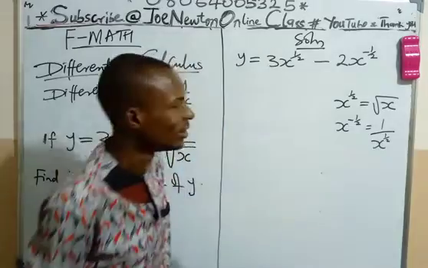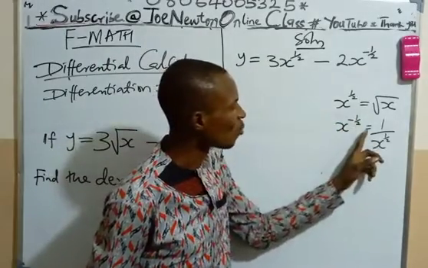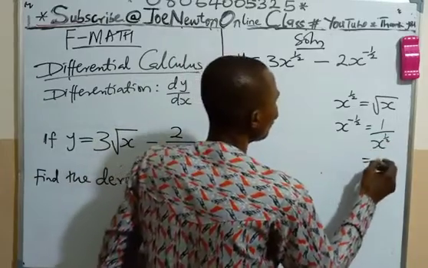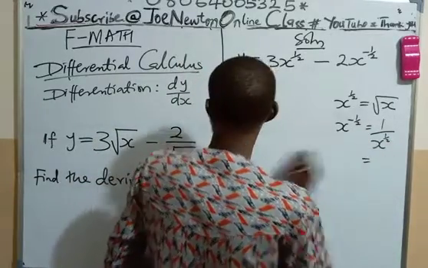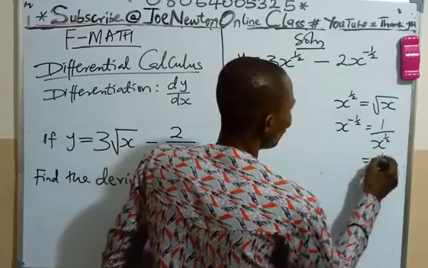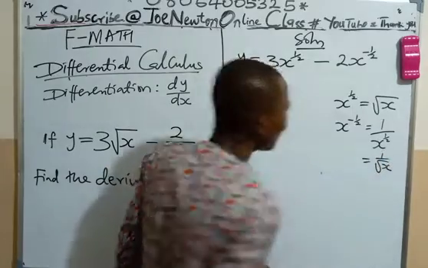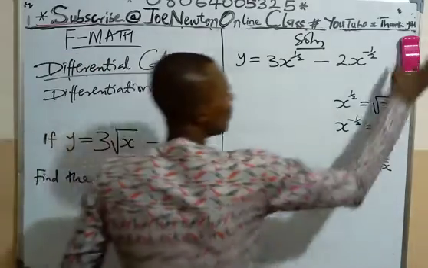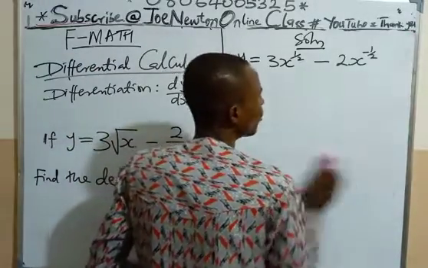So x to the power minus 1 over 2 means 1 over x to the power 1 over 2, which will now give us 1 over square root of x.